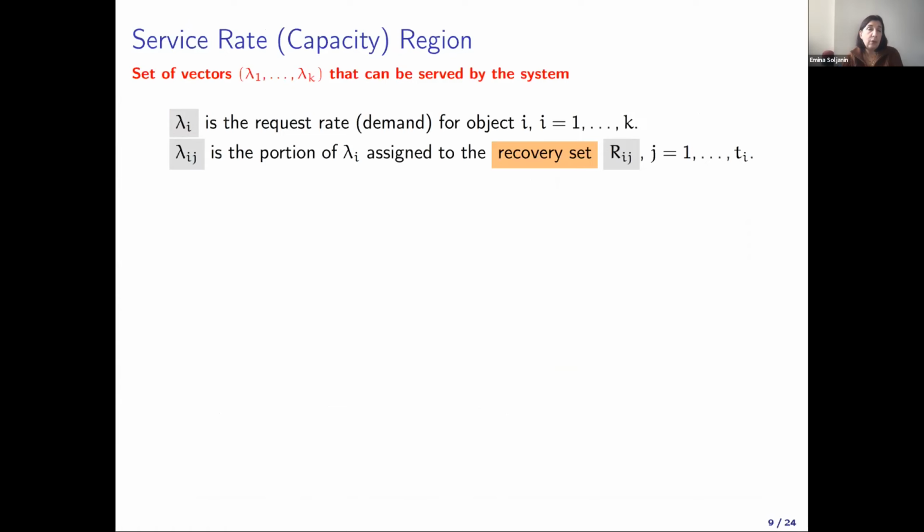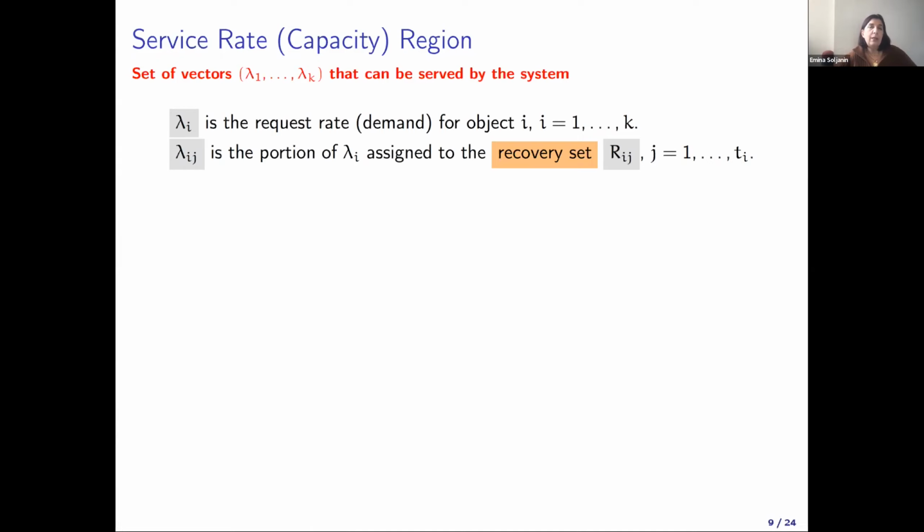What I'm going to define is what we call the service rate capacity region. That region consists of a set of vectors lambda 1 to lambda k that can be serviced by the system. In our movie example, lambda A referred to people who want movie A, who want to see Aladdin, and lambda B referred to the people who want to see Beauty and the Beast.